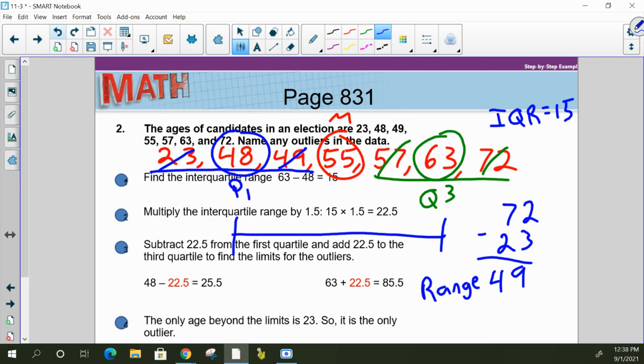One more piece of measure of variation. It's not on page 830 to give you a hint. Outlier, exactly. It is an outlier. Now, let's talk about outliers after we shoot our basket here.